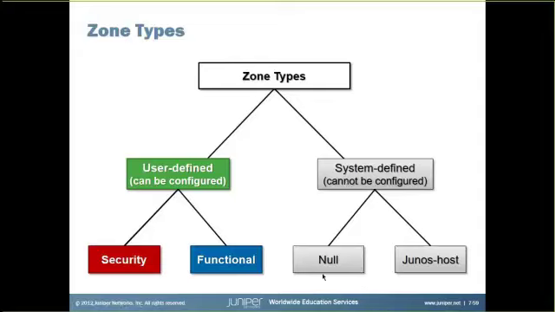All interfaces fall within that zone by default. And the junos-host zone is a special kind of zone that I can use to protect my SRX. So I can use that junos-host zone to filter traffic coming into my SRX, like SSH and Telnet, traffic that is being terminated on the SRX itself.